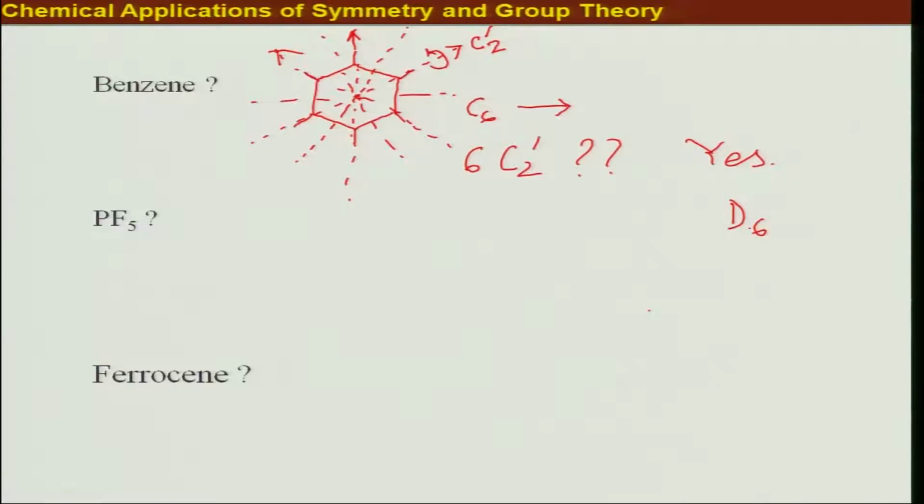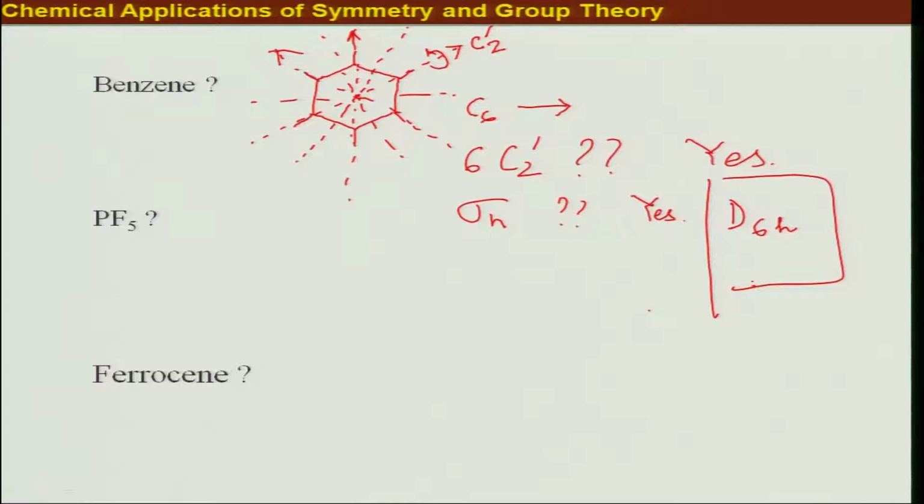Hence, I have a sigma H. So the answer is again yes. So ultimately my point group is D6H. That is very easy. Now you can see that there are a lot of symmetry elements present there, and a lot of symmetry operations generated from them.